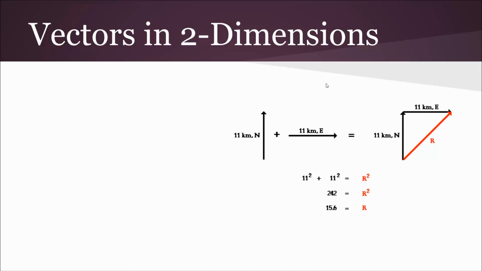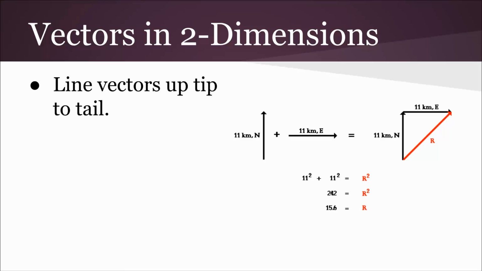Now in 2 dimensions. So this example is actually displacement. You're in kilometers here. But swap the kilometers for newtons, and you'd have the exact kind of concept that you would use. Okay? So still again, vectors line up tip to tail.